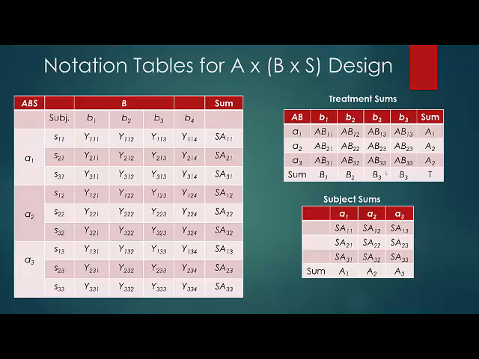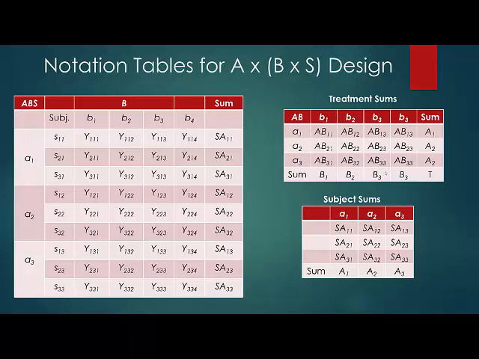So person number 1 within the first level of factor A within the first level of factor B. Whereas if we just go one column over, Y sub 112, this is still the first person within the first level of factor A, within the second level of factor B. And you can see Y sub 113, Y sub 114, still the first person within the first level of factor A within the fourth level of factor B.